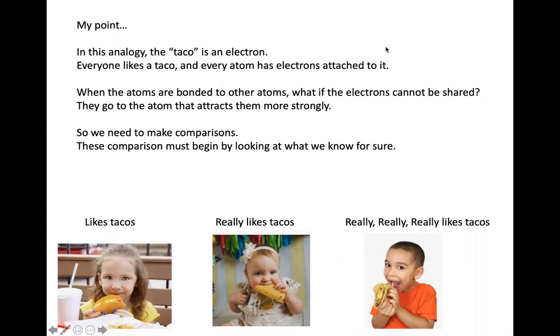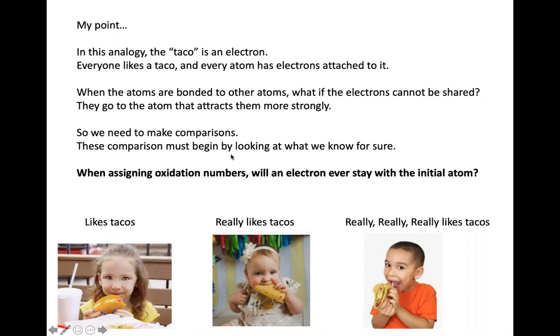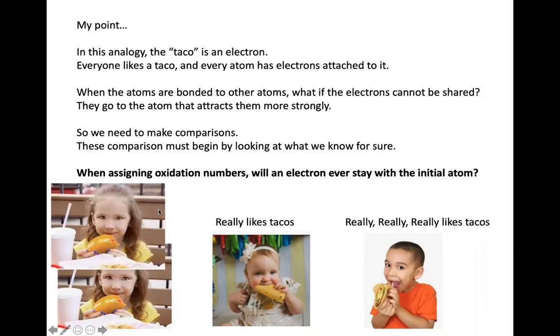Now, within here, one question, when we're assigning these oxidation numbers, will we ever have an example where the electron just stays with the atom that it's at? I just said we need to consider what it is sharing with. The only time that you don't worry about sharing is when it's with itself, because you like the taco the same amount.